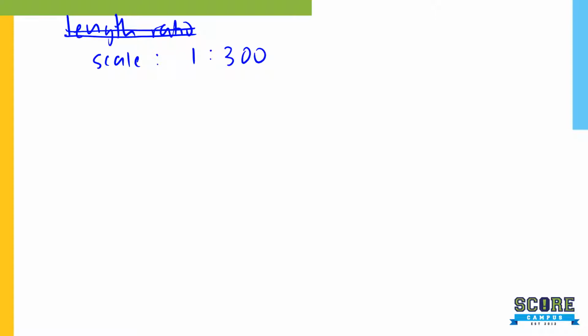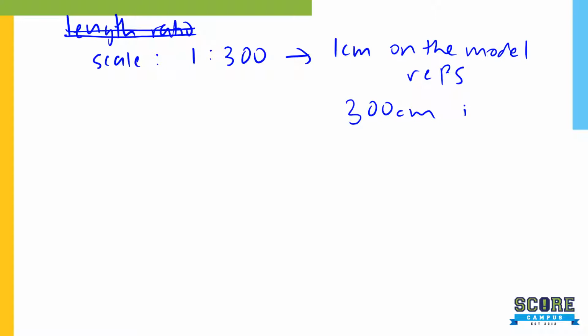Let's just do that. 1 is to 300. So you should already understand what this means. This means that 1 cm on the model represents 300 cm in real life.